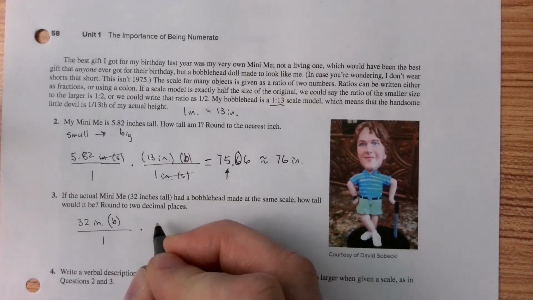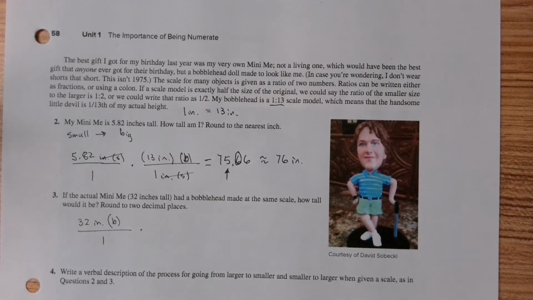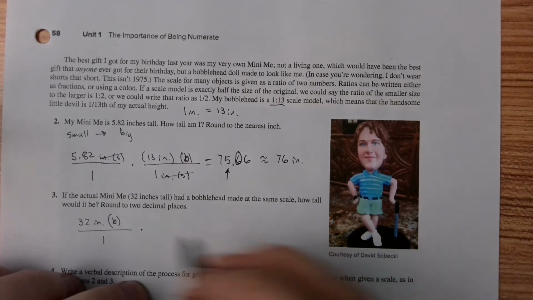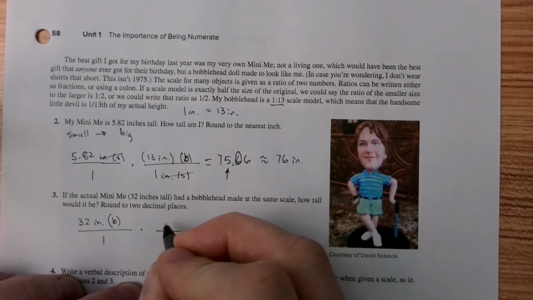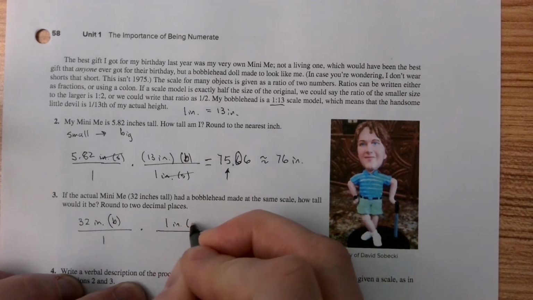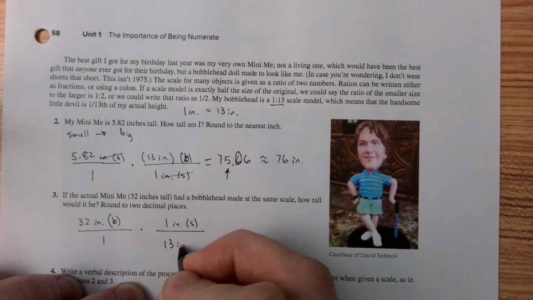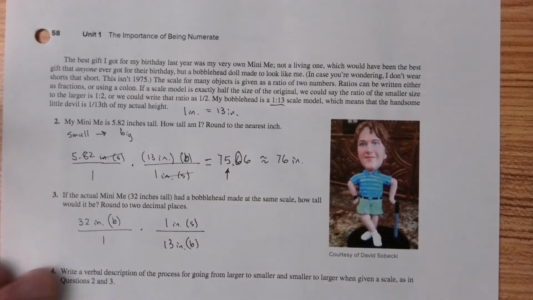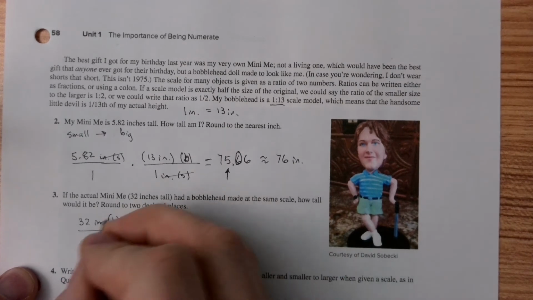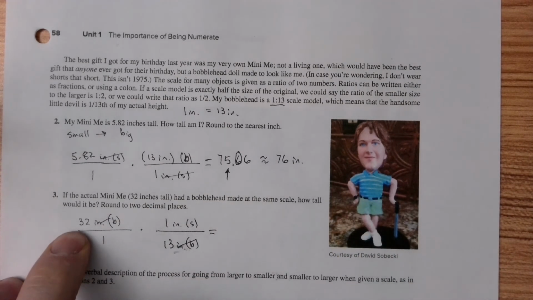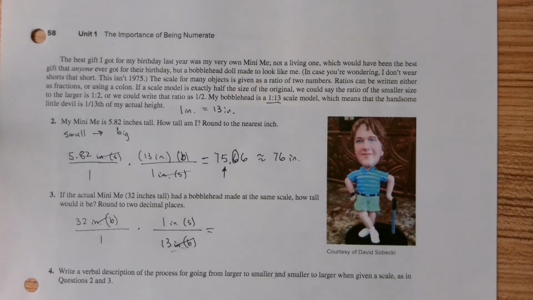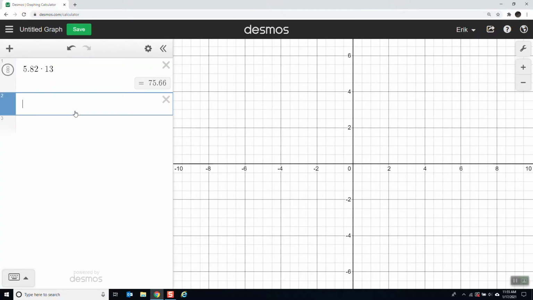And then we're going to go from the big to the small. So we're going to divide, because every 1 inch of the small is equal to 13 inches of the big version. Again, we're just taking 32 divided by 13, and that will give us the size of the bobblehead that represents the real mini-me.